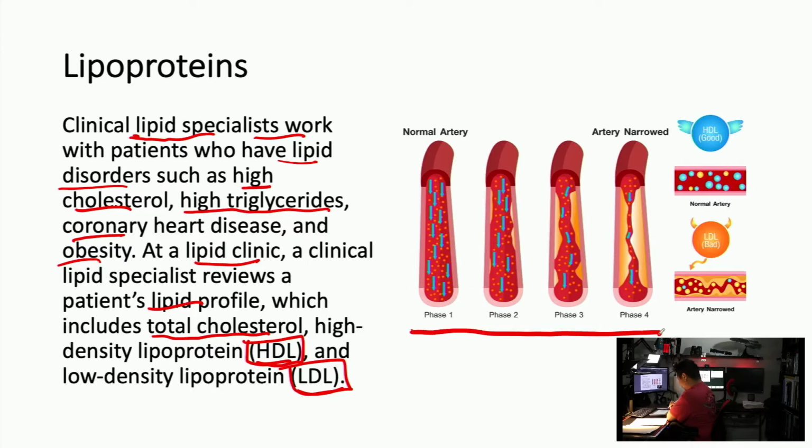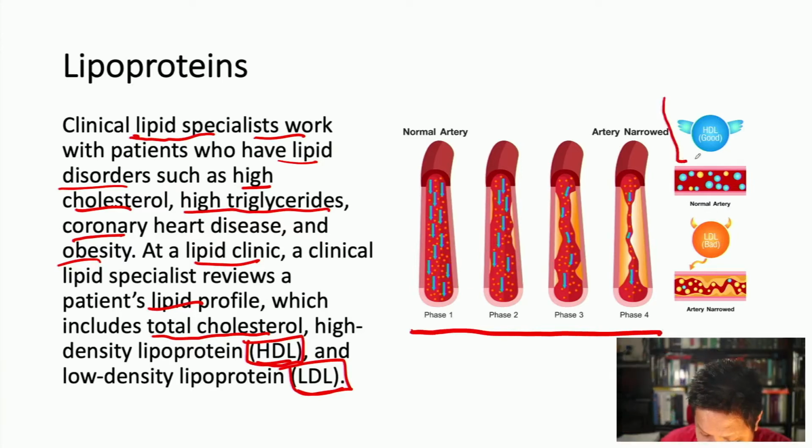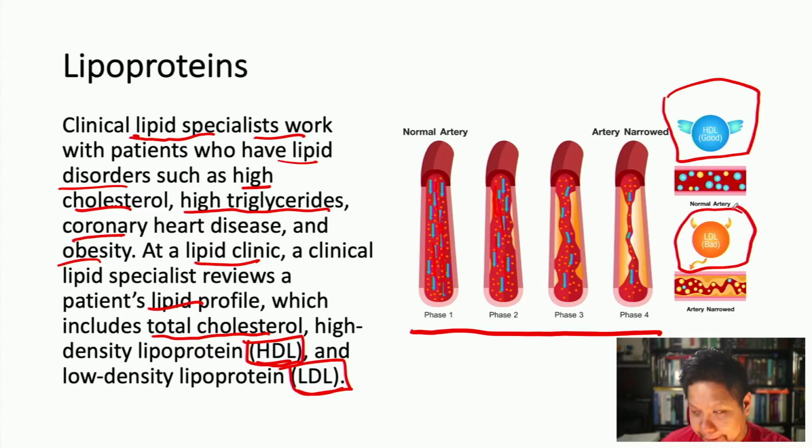HDL, which is high density lipoprotein, flows straight through your blood vessels, and you're doing fine with the HDL. The problem is the bad stuff, LDL, low density lipoprotein, which we'll talk about more specifically later in the lecture. It flows through your blood vessels too, before it actually gets stored as triglycerides in your adipose tissue.